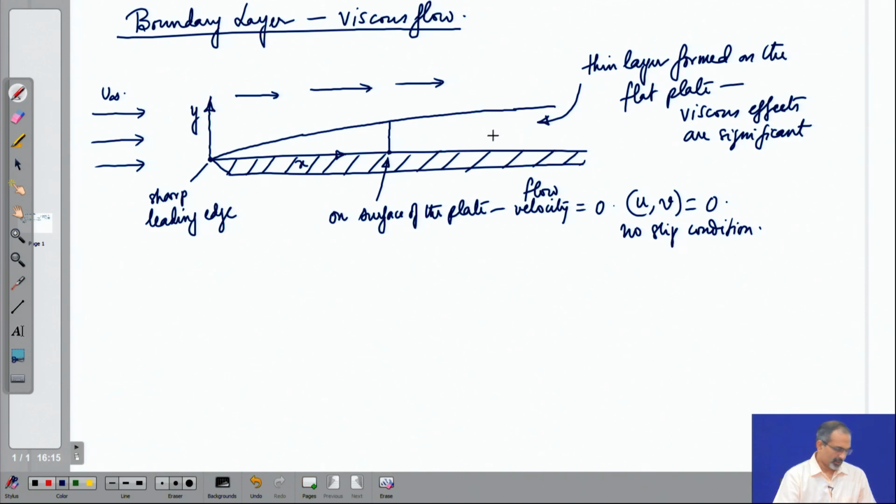Now, the region of the flow which is within this viscous dominated layer is called the inner flow, and that which is outside is called the outer flow. The boundary of this region that we have drawn is basically a hypothetical boundary.